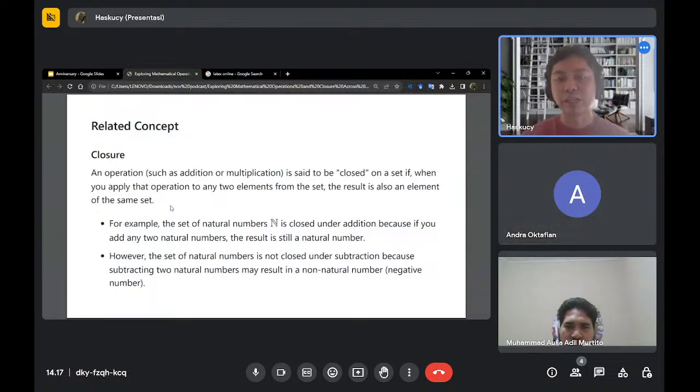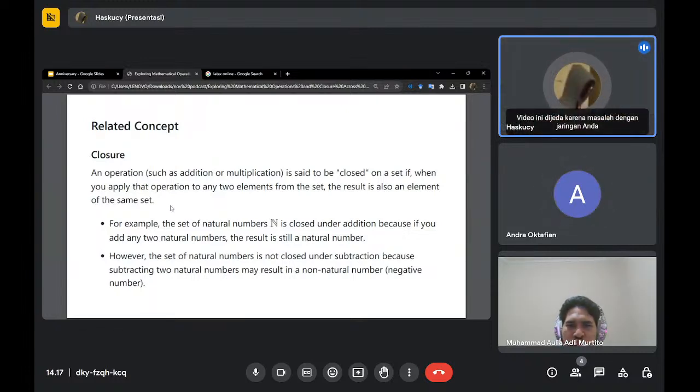However, if you try division, a natural number divided by another natural number, it doesn't go into the natural numbers because it creates a rational number, not a natural number. So far, do you get it?